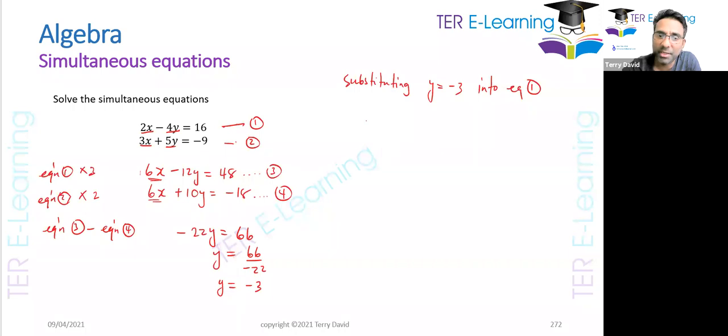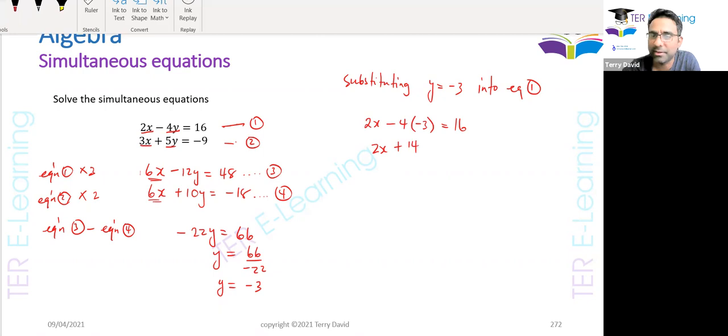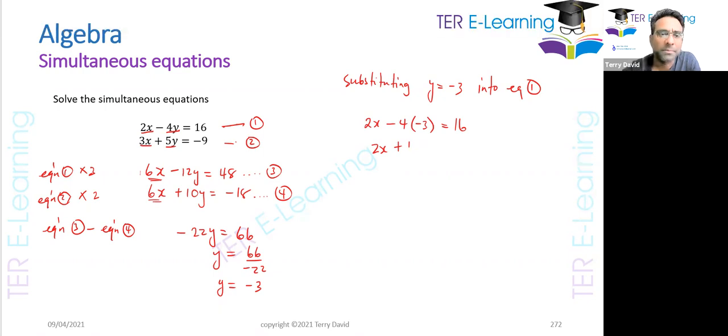So it's going to be 2x minus 4 multiplied by minus 3 is equal to 16. So 2x minus 4 multiplied by minus 3 is going to give me plus 12. Oh, I'm saying the correct thing and I'm writing the wrong thing. Right? So this is plus 12 is equal to 16.